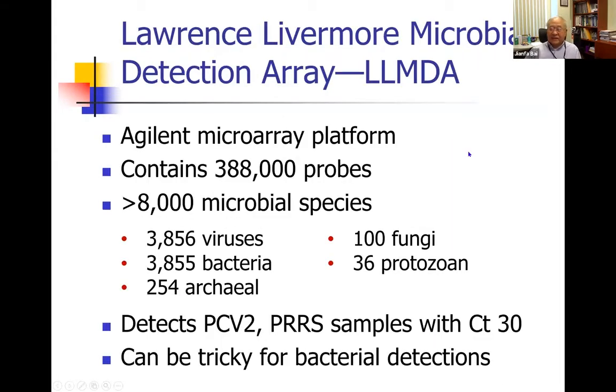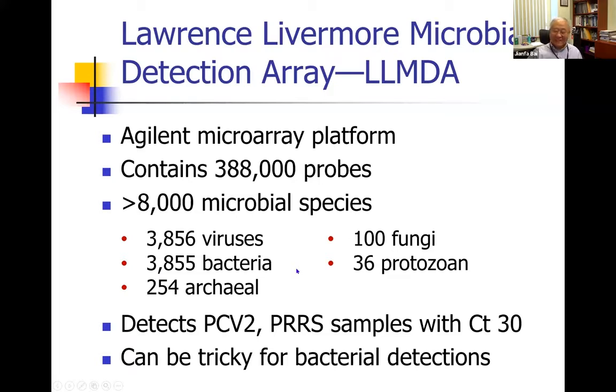So talking about diagnostic microarray, there's a national lab called the Lawrence Livermore National Lab, and they have a microarray that covers 388 different probes, different genes or different pathogens. So it contains about 3,800 viruses, 3,800 bacteria. What do you think? Is it a big number, small number?